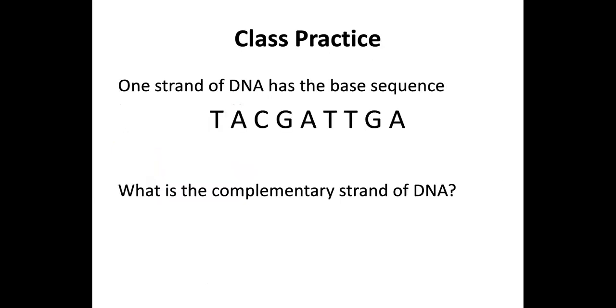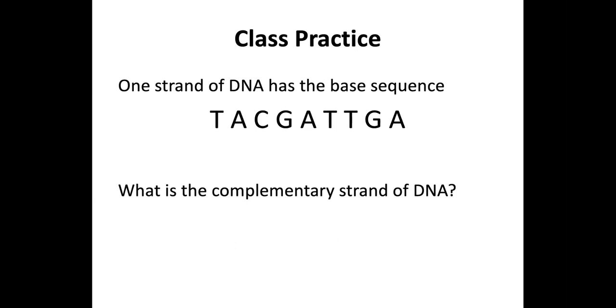Okay? So, for example, if you are given this strand of DNA and you are asked to make the complementary strand, all you do is use the base pair rules. So T is going to go to what? A. C to G. G to C. A to T. T to A. T to A. G to C. A to T. Beautiful.